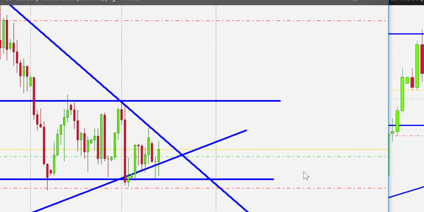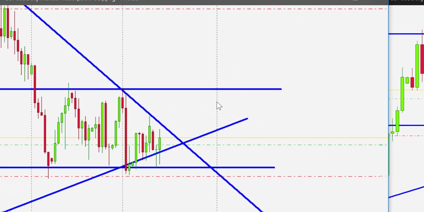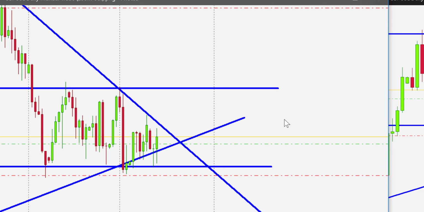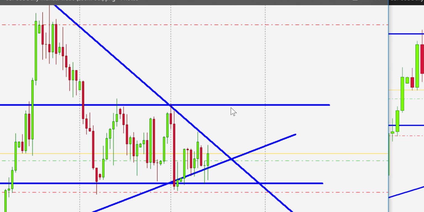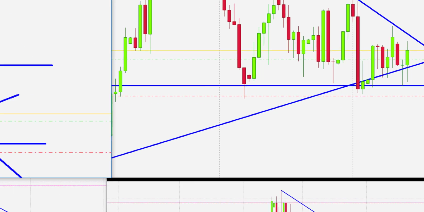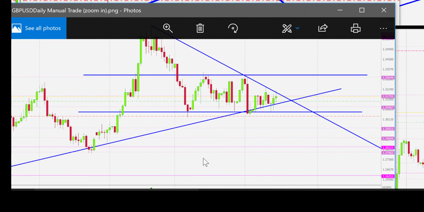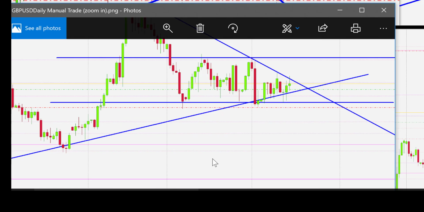So this here is the stop loss, and this is where I'm looking to get to, somewhere around the previous major high. However, I'll start to take profits from this level here.